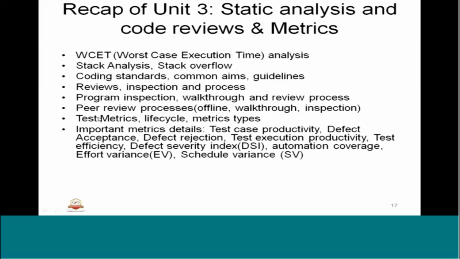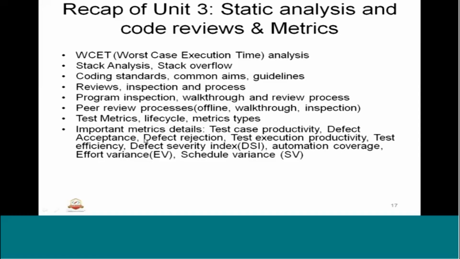and review process, peer review processes, what are the types of peer reviews: offline, walkthrough, inspection. And test metrics we saw in today's and yesterday's class. Life cycle metrics types, all the different metric types, and metrics life cycle, test metrics, and reporting it.